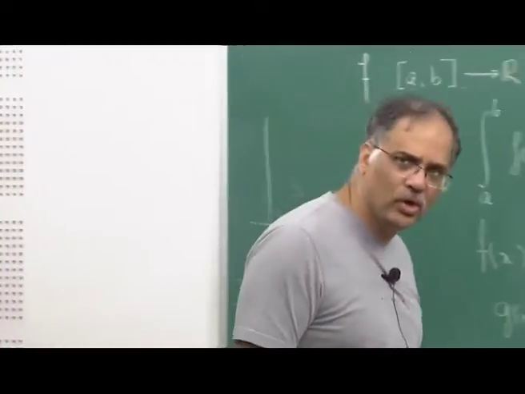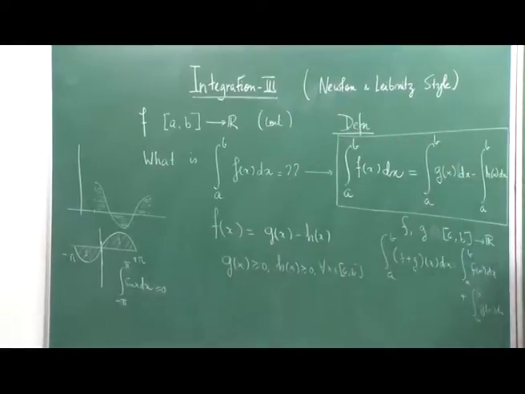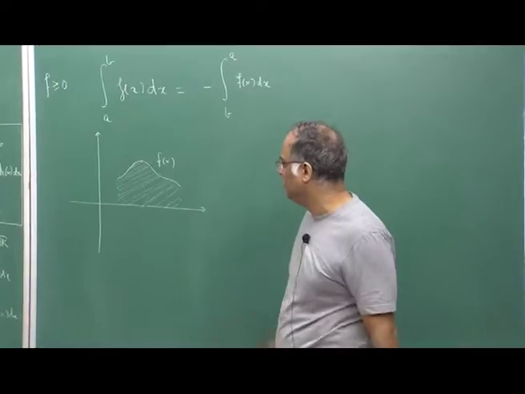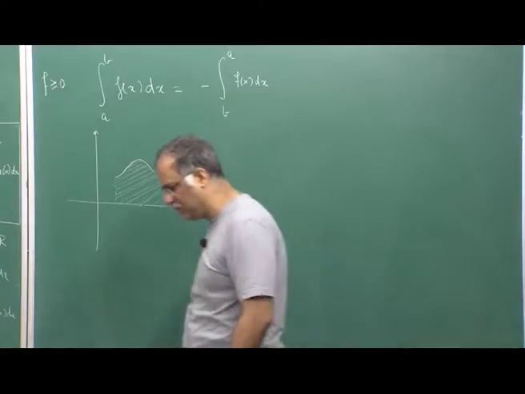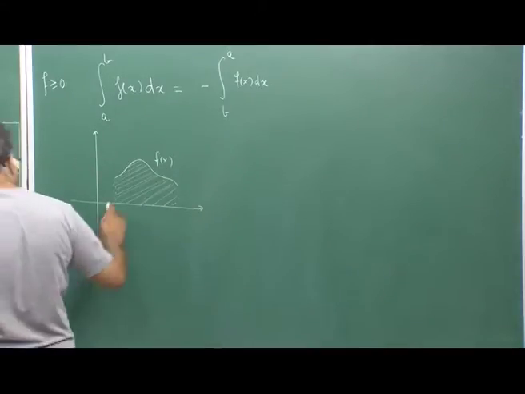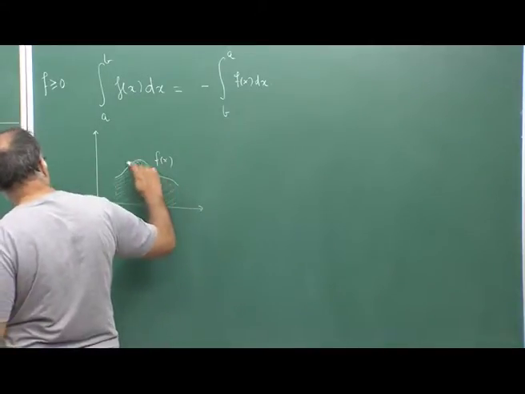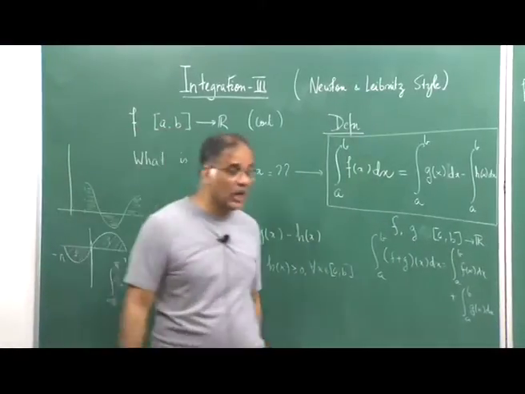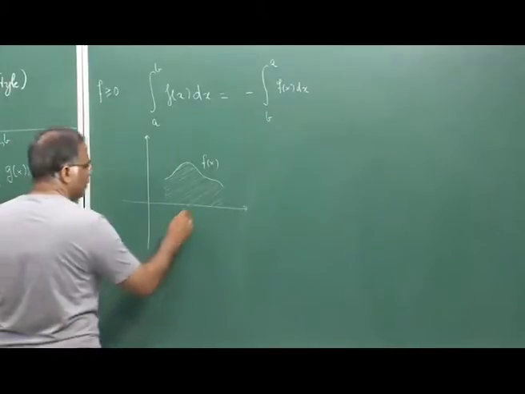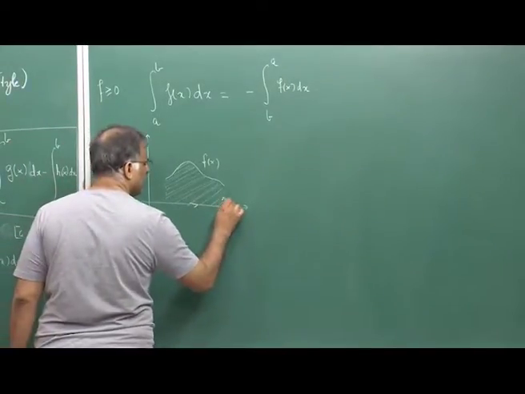So when shall I call an area positive or non-negative? If I start walking on the boundary of the area, this is the boundary, and I am walking on the boundary in a counterclockwise fashion, means I am walking in this way, this is my walking path.